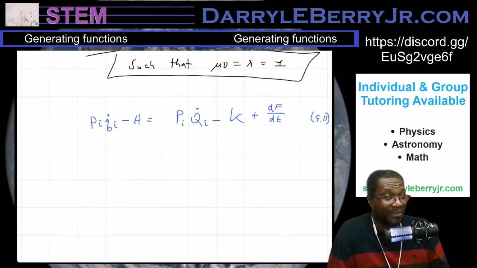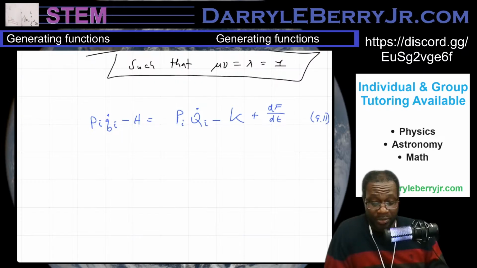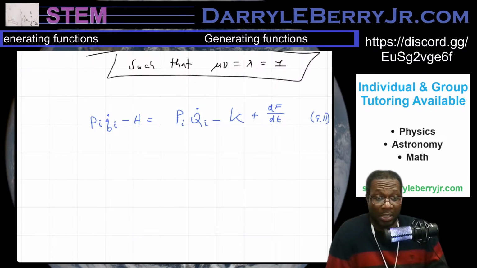canonical coordinates for which lambda does not equal 1 will be called an extended canonical transformation. When lambda equals 1 and equation 9.11 holds, we will speak simply of a canonical transformation, which is what we're doing in class.